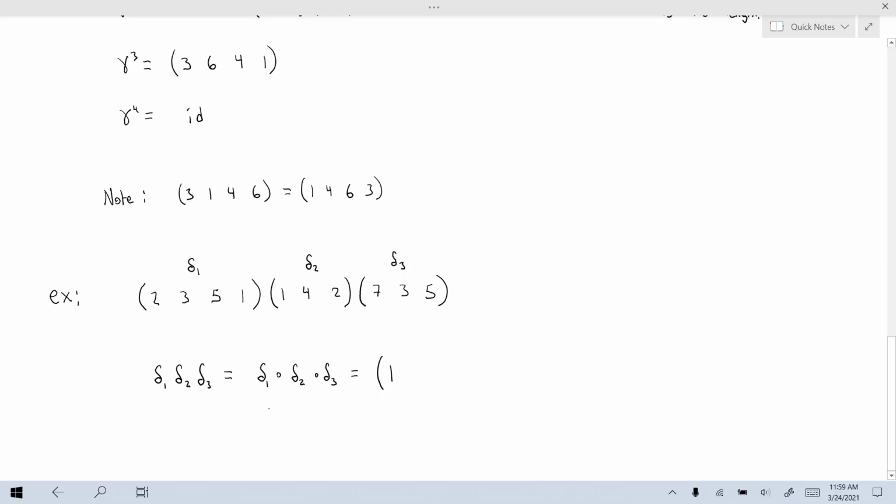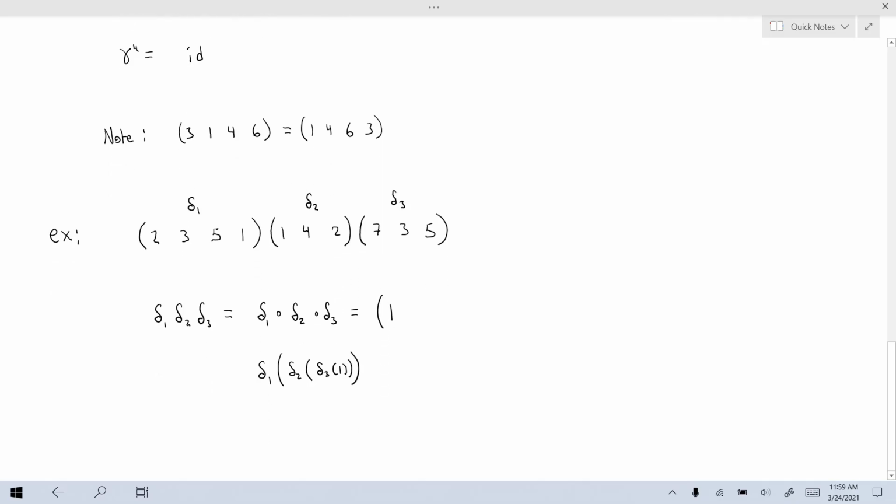So remember how this works. I want to do delta 3 of 1 first. Delta 3 of 1 would be equal to 1, since 1 was not listed in the cycle. So next we need delta 2 of 1. Delta 2 of 1 is 4.